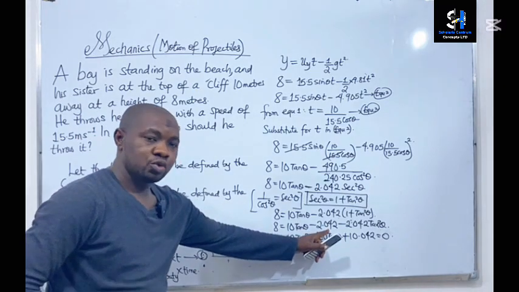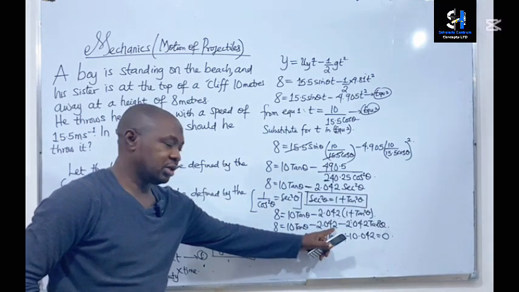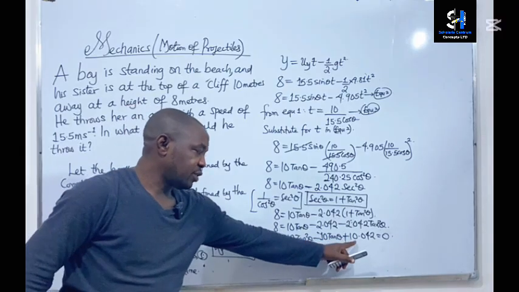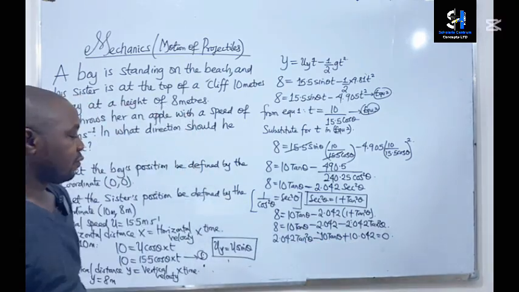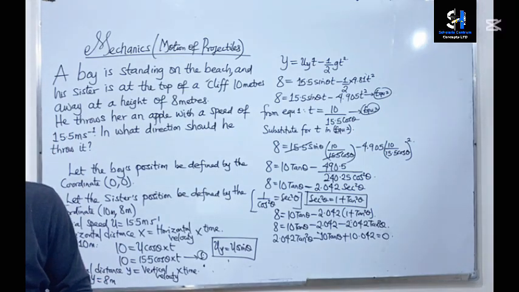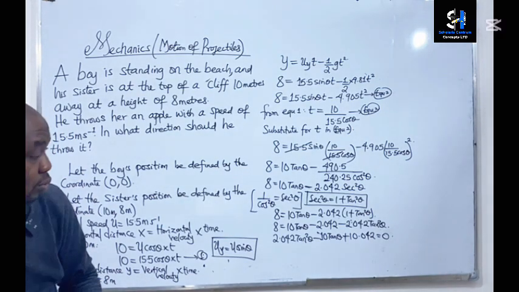When we move minus 2.042 to the left hand side, it is added to 8, and that's what we have here as 10.042. So we have a quadratic equation.